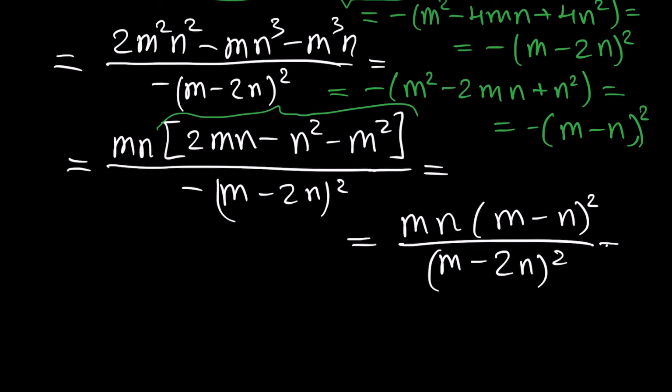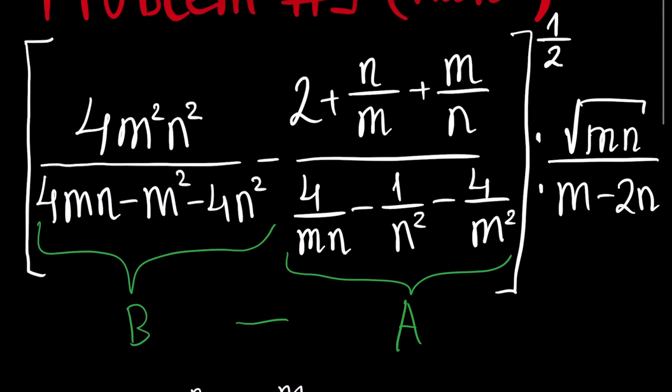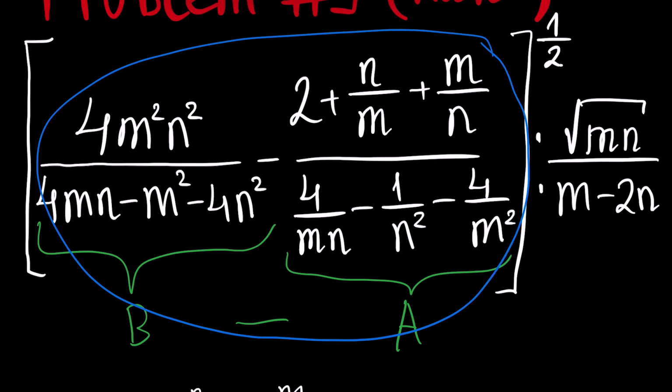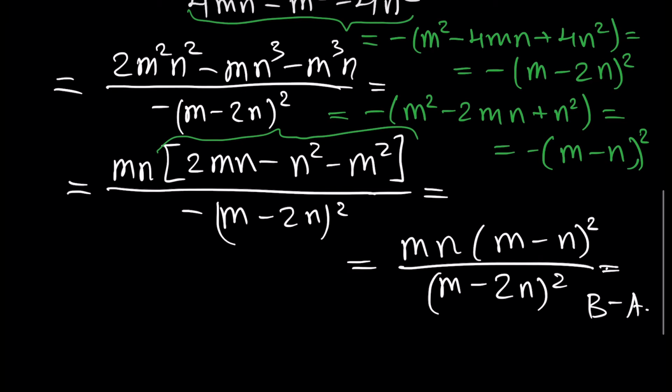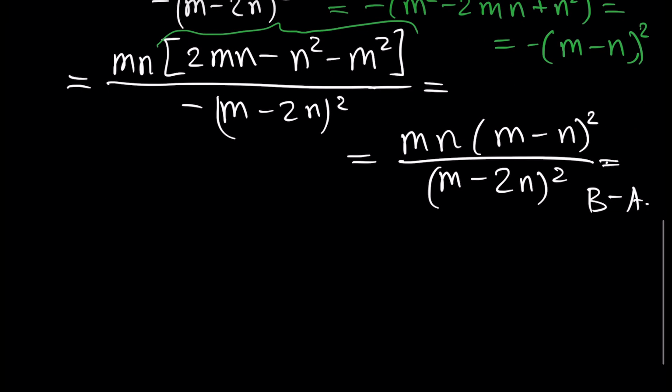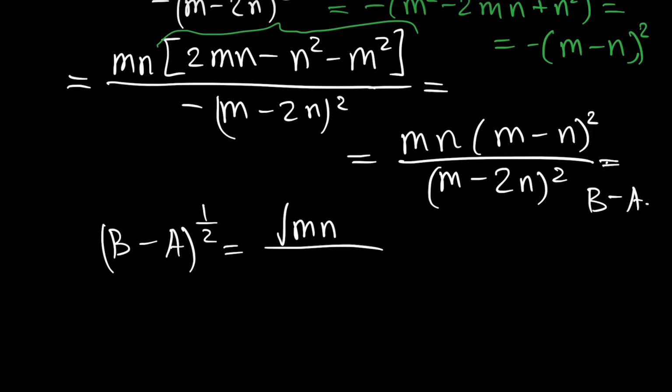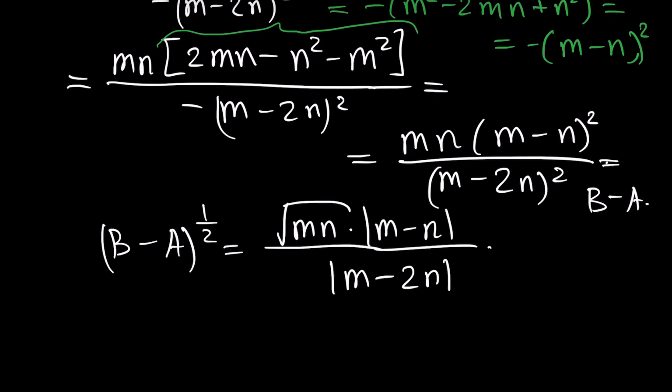It was B minus A, but here in our problem we have to calculate not only B minus A but the square root of B minus A. That's why the square root of B minus A will be equal to the square root of mn times the absolute value of m minus n divided by the absolute value of m minus 2n.